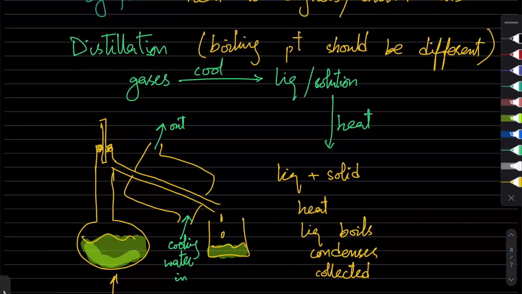In the classic example we took in class, salt has a very high boiling point, water has a low boiling point. So water evaporates, is condensed, and is collected. But salt will not be boiling, so it will not be collected.